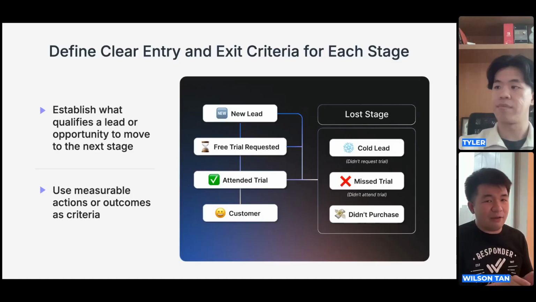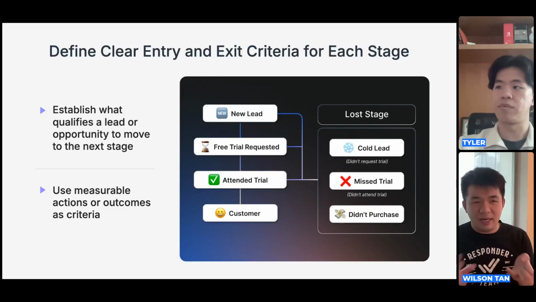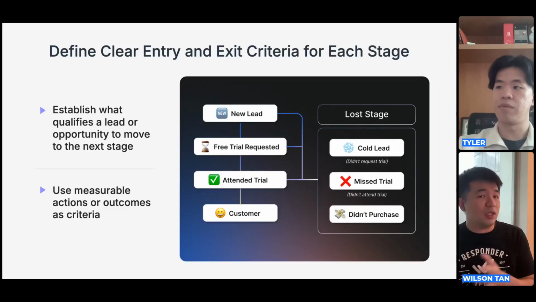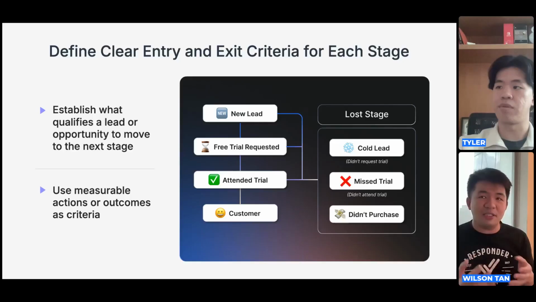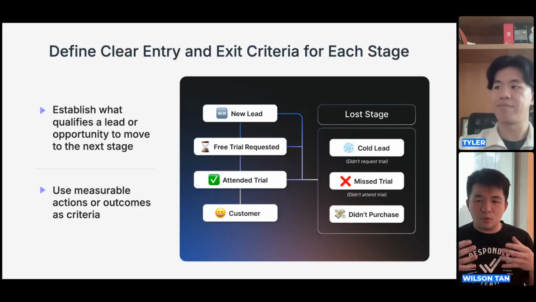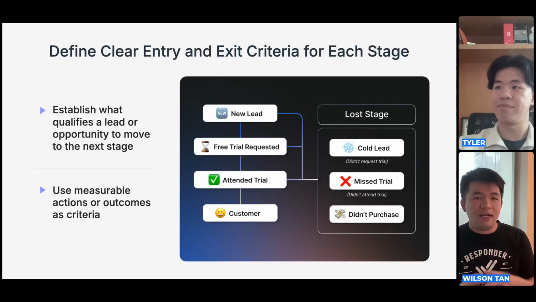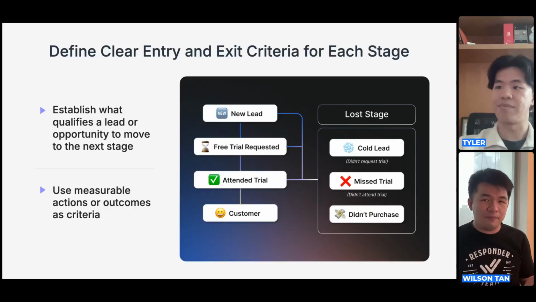That means you have a 90% drop-off rate. As a business, I can look at this 90% drop-off rate and analyze why they're dropping off. Is it because they do not remember, they don't have enough reminders, or they do not know where to go to attend the trial? Is it an online trial or an in-person trial? There could be many, many reasons, but the first step to tackle a problem is to identify the problem to start with, and this is where Lifecycle can help you.